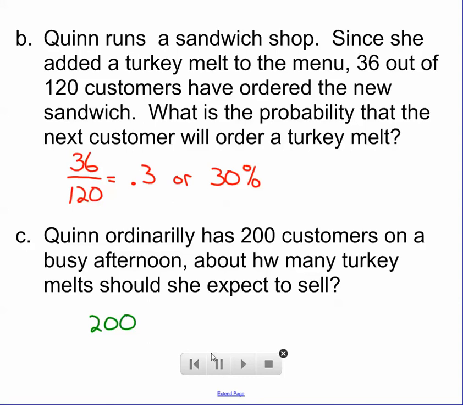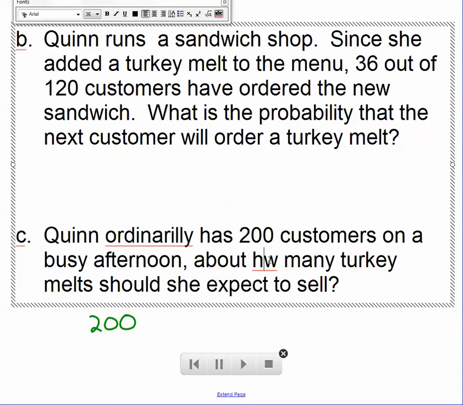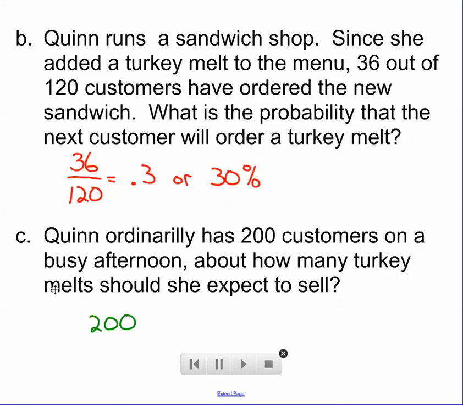Quinn ordinarily has 200 customers on a busy afternoon. About how many turkey melts should she expect to sell? Well, we can take those 200 people and just multiply it by the probability that each one will buy a turkey melt, and that'll tell us about how many people we can expect to buy turkey melts.